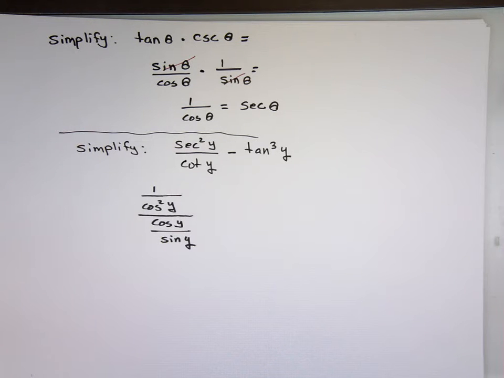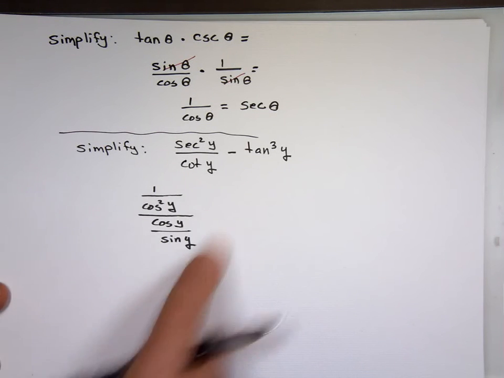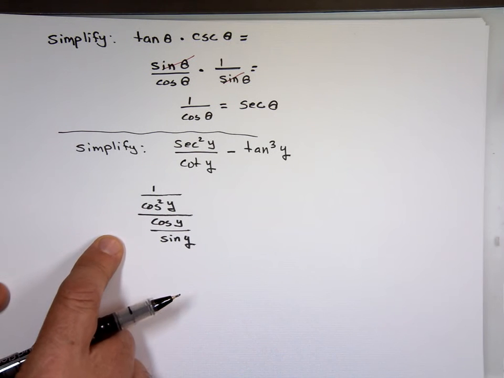Okay, what should we do here? What do you think? Any suggestion? What do you want to do? Well, let's simplify this fraction first. Over y. Can I simplify this fraction? Yes, sine y over. Yep, outside over the inside, right?